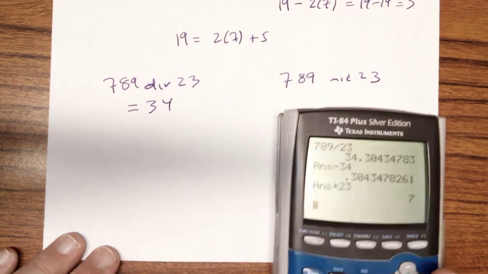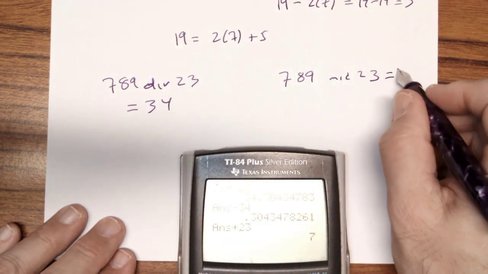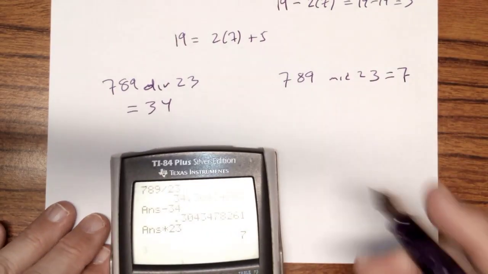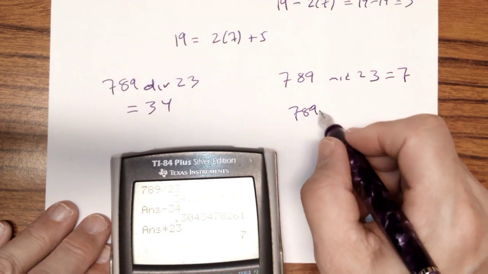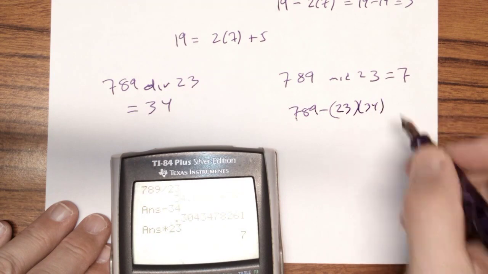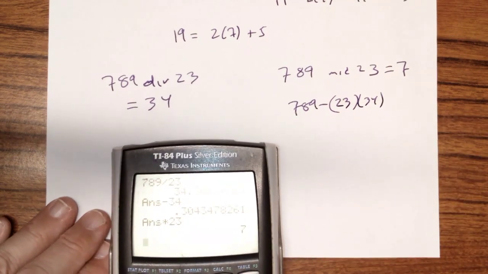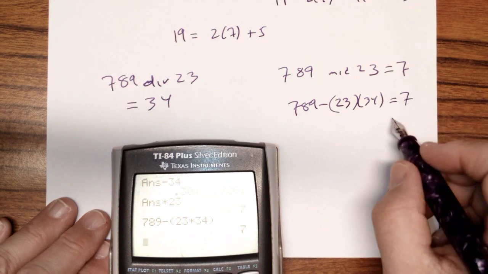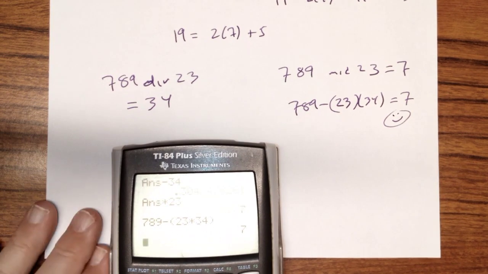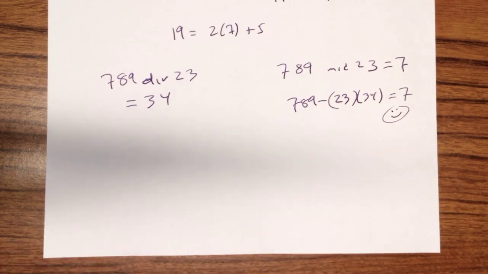I get 7. I think that's right. Let's check it the other way and say what I want to do is 789 minus 23 times 34. 789 minus 23 times 34 is 7. I like doing the fractional version better. I think it's faster.